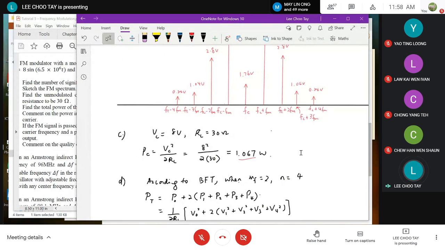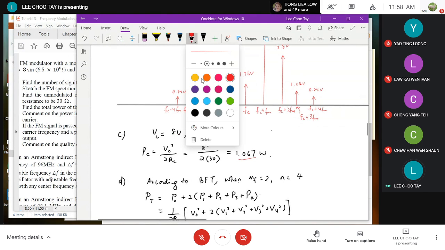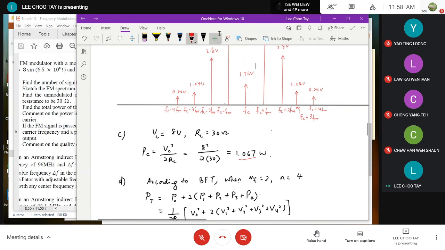If I multiply 477.5 hertz by 4, the bandwidth on one side, from here to here, let me use a different color. From here to here, what is the bandwidth?